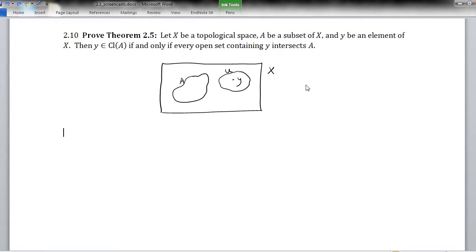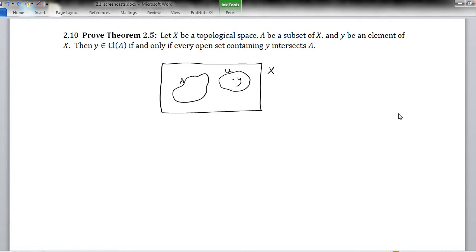So this is really an interesting statement only when Y is not an element of A, as in this picture here. Then it's saying that Y is in the closure if and only if Y is so close to the set A that if you take any neighborhood of Y, it's going to overlap A in at least one point. All right. That's the intuition behind this statement.